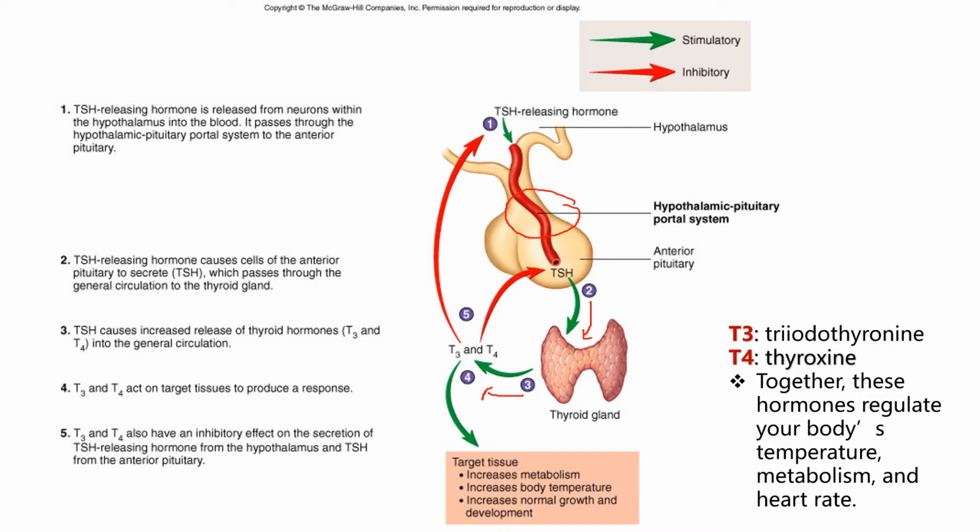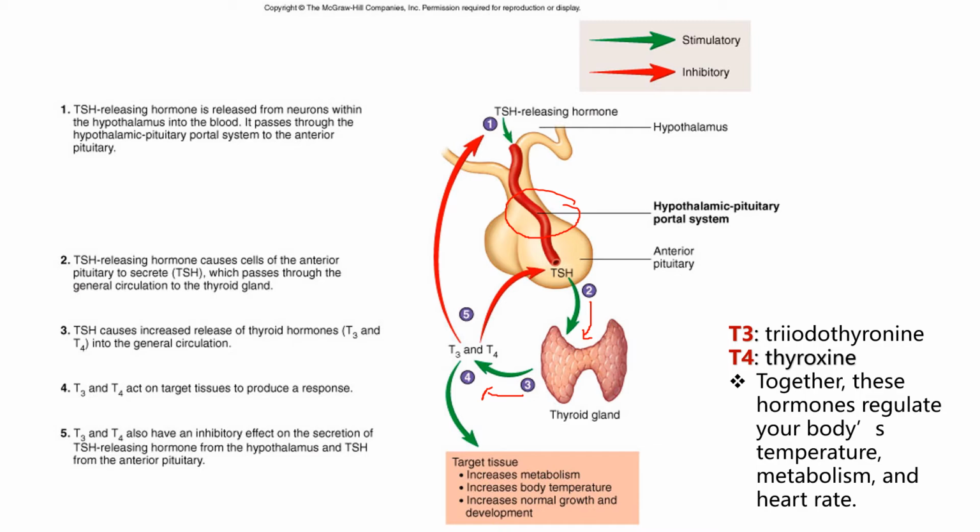So together, these hormones actually regulate your body's temperature, metabolism, and heart rate. So once T3 and T4 are already acting on the target tissues, of course, there should be a response. Okay? With T3 and T4, of course, the target tissue again is for metabolism, temperature, growth, and development. Pero meron din silang inhibitory na response.